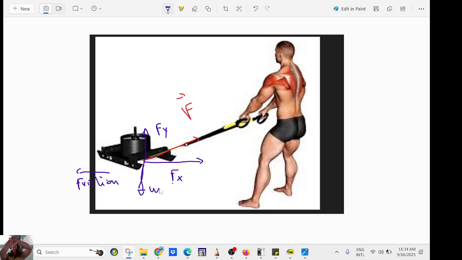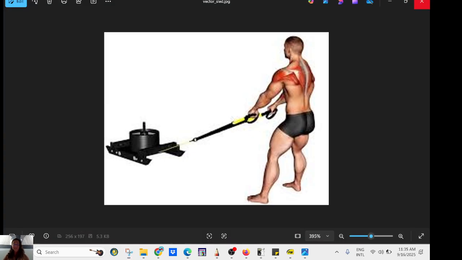So along the y-axis, the y component will cancel out the gravity, the weight. Now, if it's moving at a constant velocity, that means the x component is just balancing out the friction. If he's very strong, he will be able to overcome friction and accelerate. So you will have a net force. Isn't that interesting?